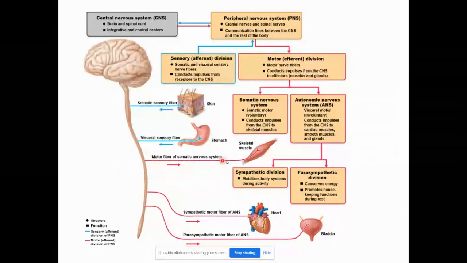This is the only motor part or division that you have conscious control over, the somatic motor division, where motor autonomic, or the ANS, goes to other effectors like smooth muscle in your organs, cardiac muscle, and also glands that I don't think they're showing here. I don't see any. So careful here. So be able to organize that for yourself.